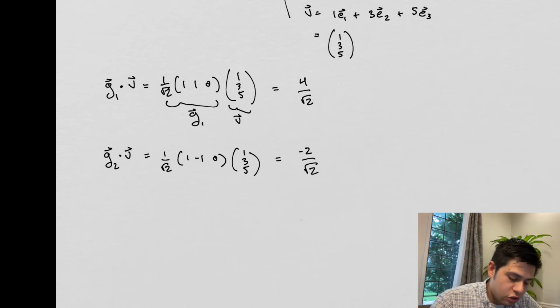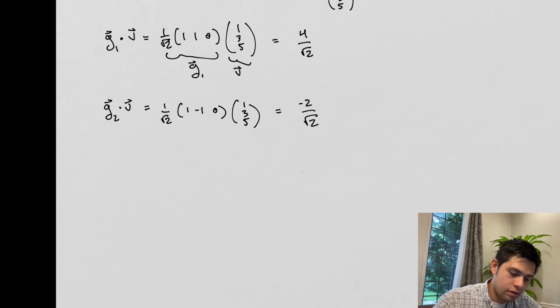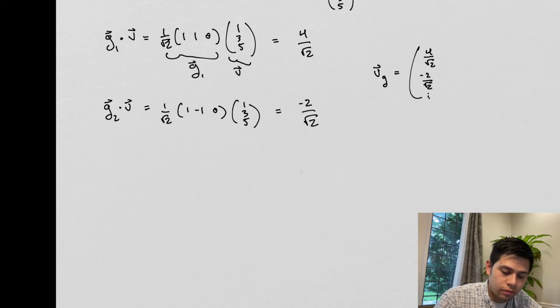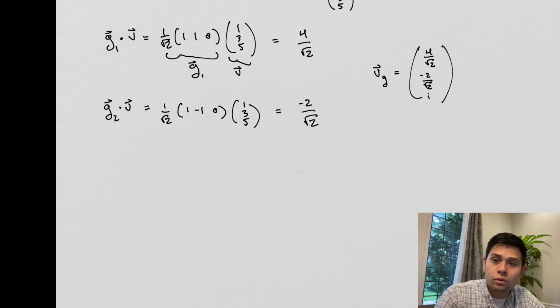And so V in the G basis, we're taking each basis vector in G and performing an inner product on V to get what V would look like in the G basis. That's going to be 4 over root 2, negative 2 over root 2, and then you can do it for the other basis vector. So that's what it's going to look like in that basis.